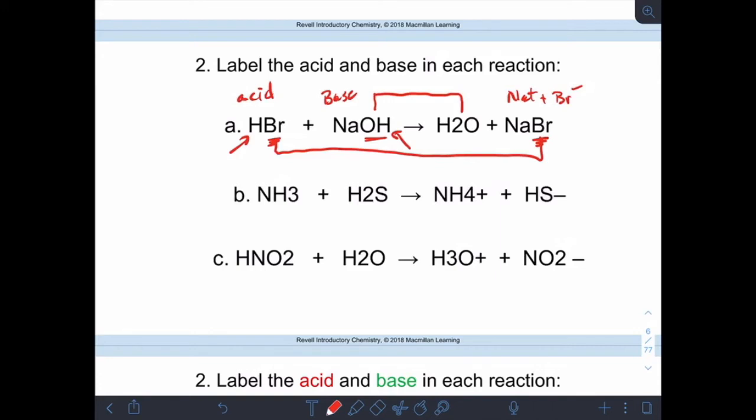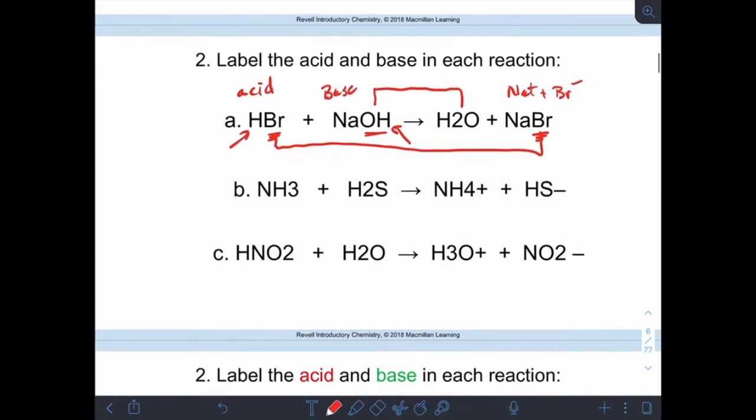So let's look at equation B here, and let's see. Find NH3 on the other side and see what it has become. So NH3 right here has become NH4. So it has one more proton. It's picked up a proton, NH3 to NH4, so that makes this one my acid.